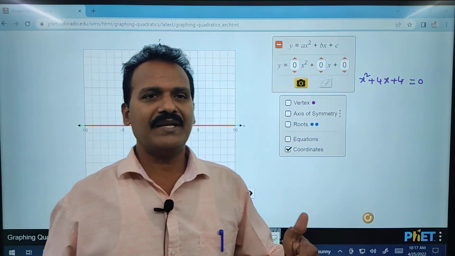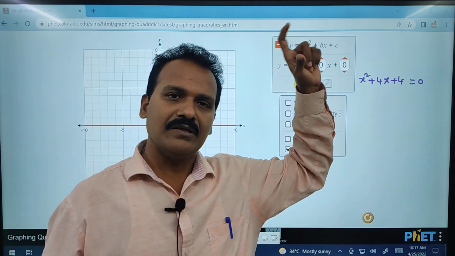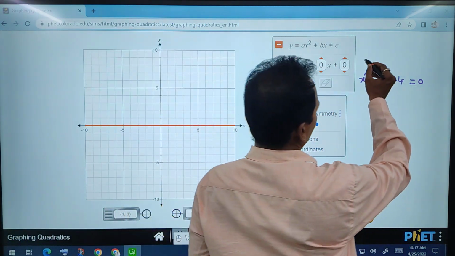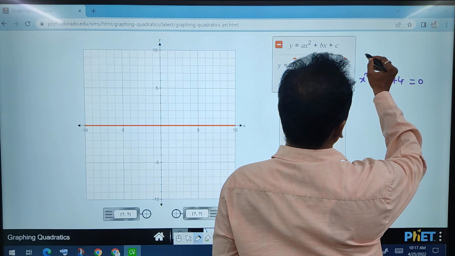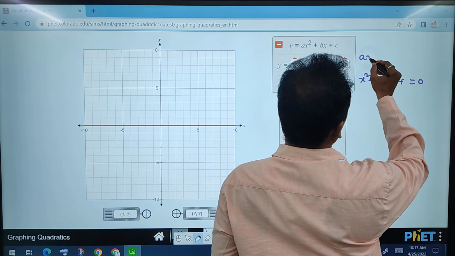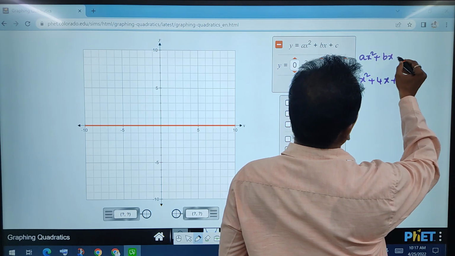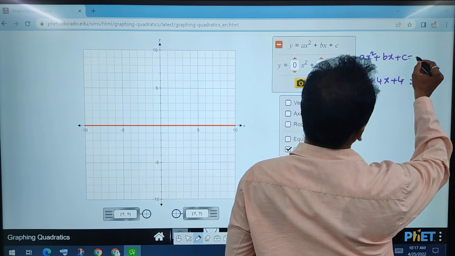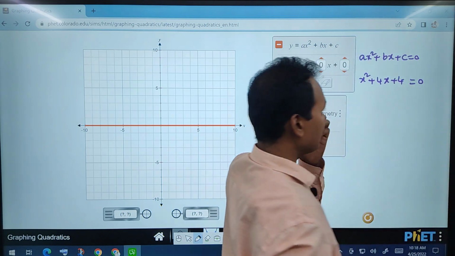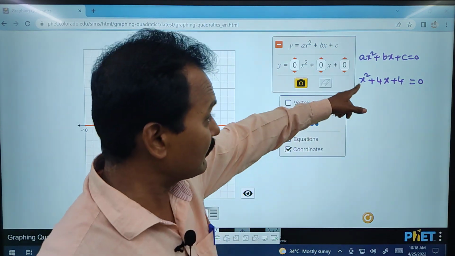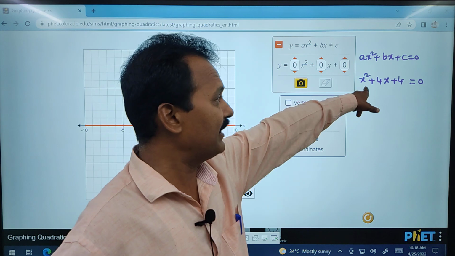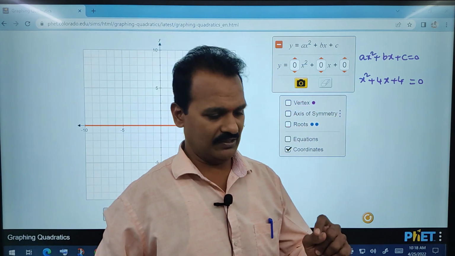Comparing with the general form of the quadratic equation, which is ax² + bx + c = 0, what is the value of a here? The value of a is 1.